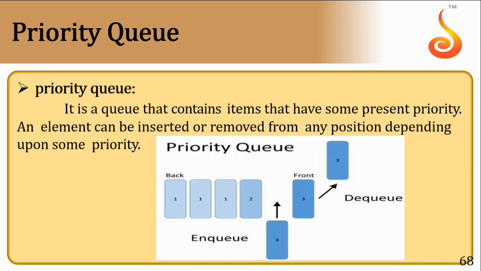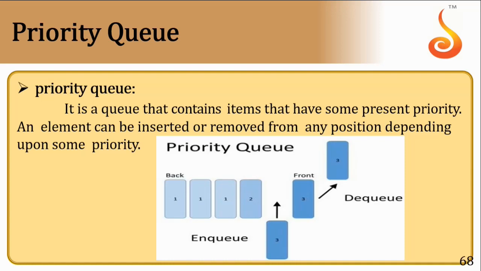An element with high priority is dequeued, or it can go out of the queue, before an element with a low priority. It is the same as when you have a VIP pass versus the general one: the VIP queue moves faster than the other.